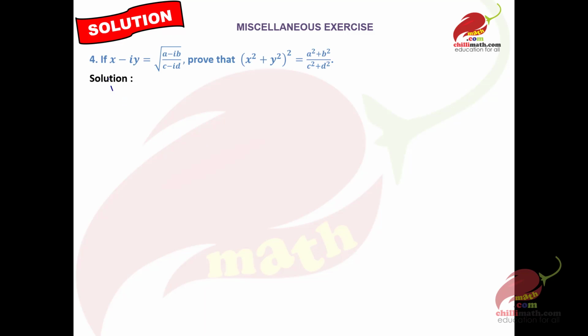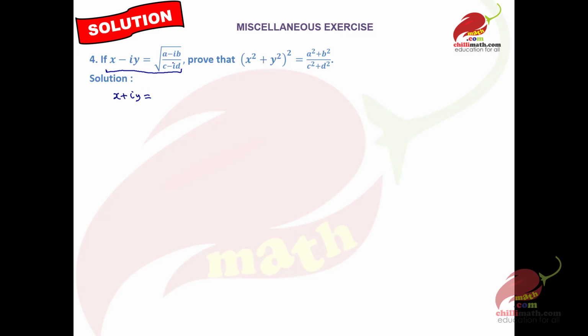Next, fourth question is, if x minus iota y is equal to the square root of a plus iota b over c minus iota d, prove that x square plus y square whole square is equal to a square plus b square over c square plus d square. So what we do, taking conjugate on both sides, we get x plus iota y, because conjugate means changing iota to minus iota.